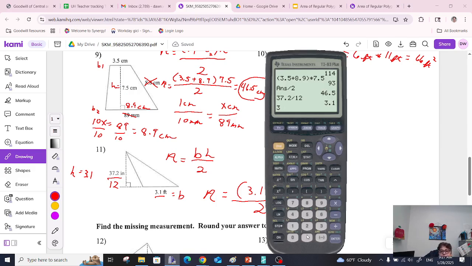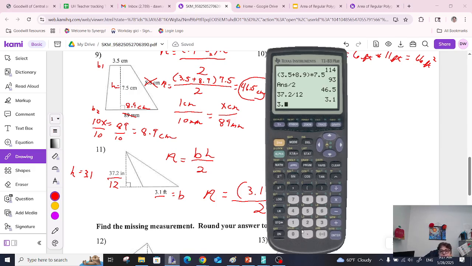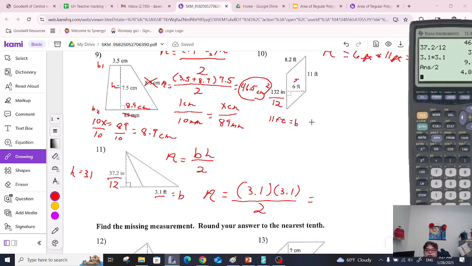So 3.1 times 3.1 is 9.61 divided by 2. And that's, we will round that to 4.8. And what unit am I in?